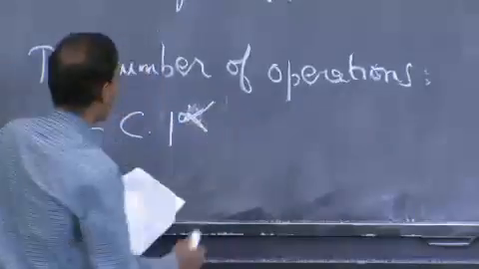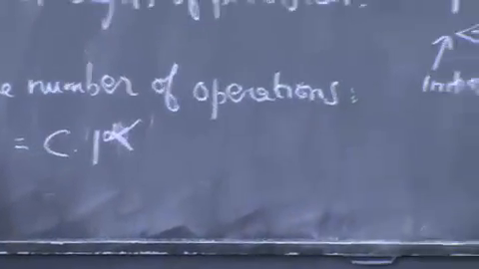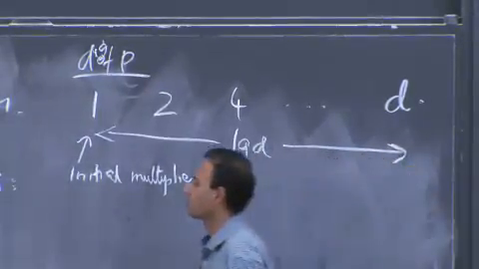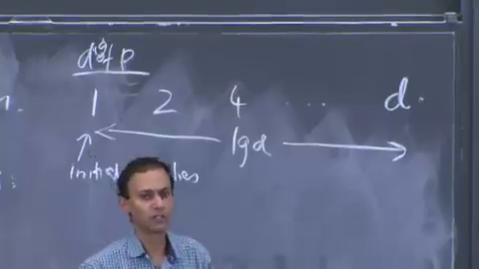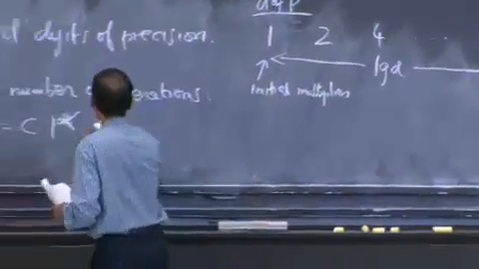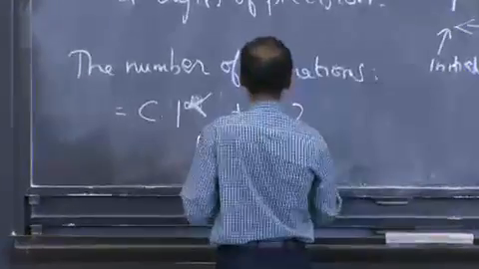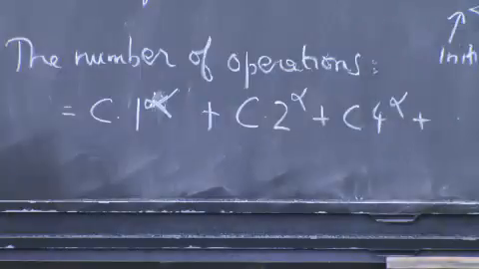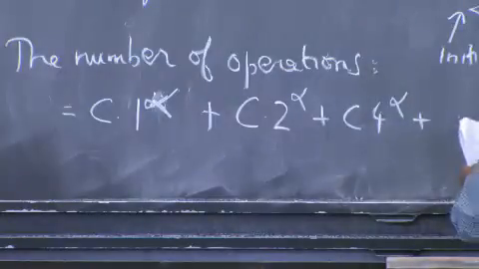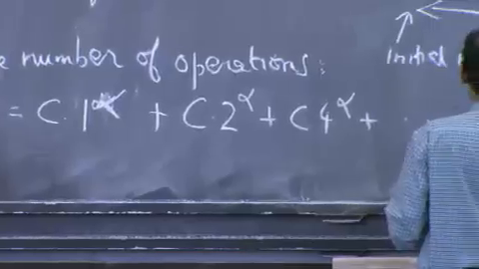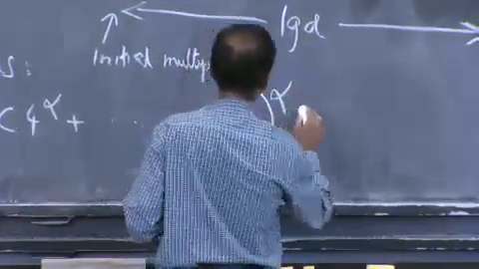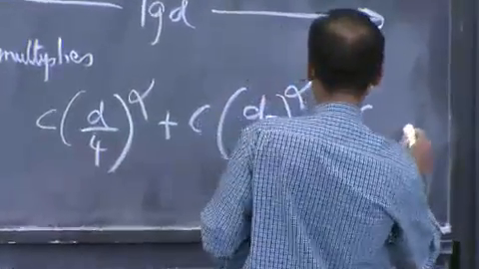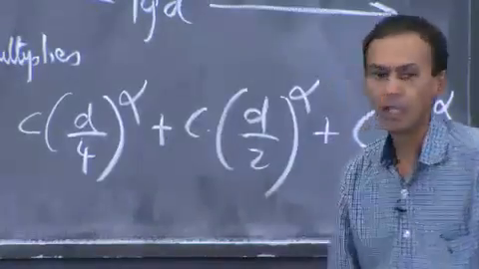Now I can imagine that for the very first iteration, I have something like c times 1 raised to alpha, because it's just a single digit of precision. And the next one, I'm using the same algorithm. This is c times 2 raised to alpha, c times 4 raised to alpha. And then out here, I'm going to have c times d by 4 raised to alpha plus c times d by 2 raised to alpha plus finally c times d raised to alpha.